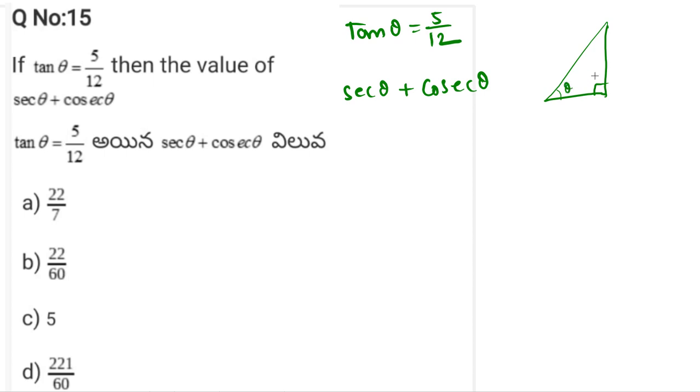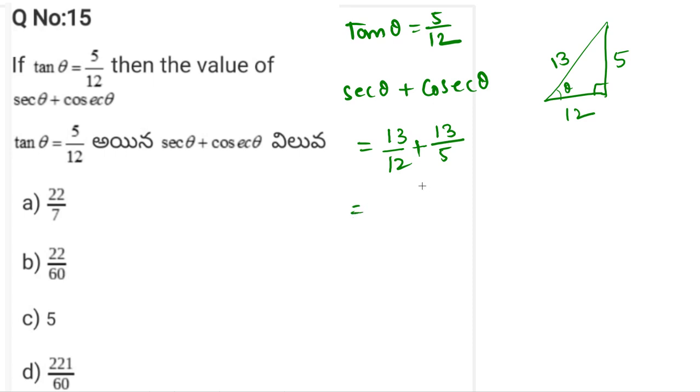If you take this as theta, then opposite is 5, adjacent is 12. Now we know that the Pythagorean triplet for 5, 12 is 13. So secant theta means hypotenuse divided by adjacent side, 13 by 12, plus cosecant theta means hypotenuse divided by opposite side, that is 13 by 5.